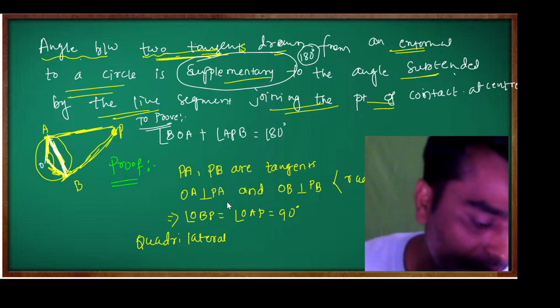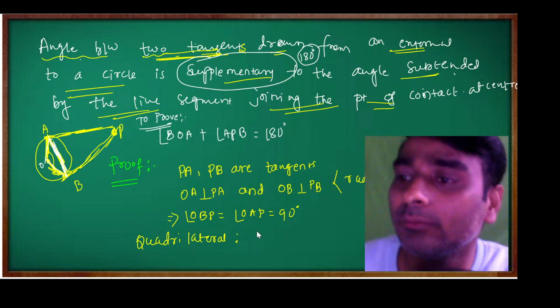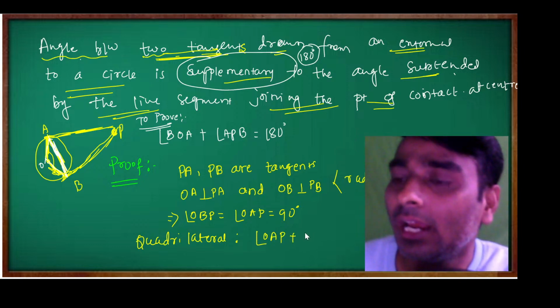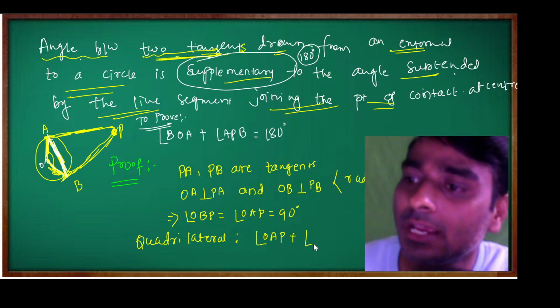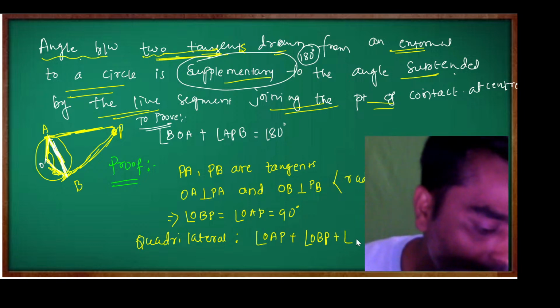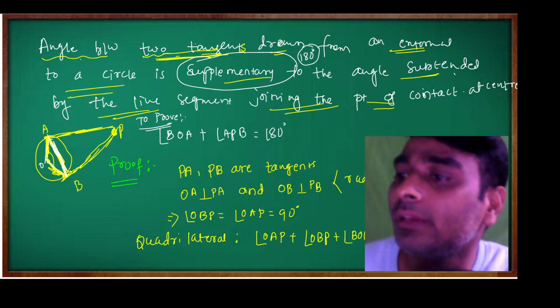Quadrilateral is a 4-sided figure, right? Which are those angles now? For the quadrilateral, I am going to write: one angle is OAP, OBP plus BOA and APB equal to 360 degrees.